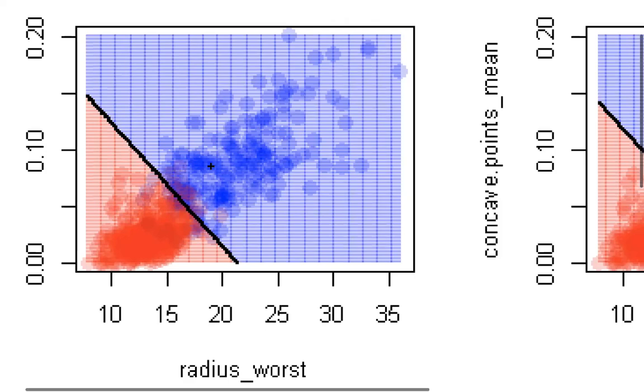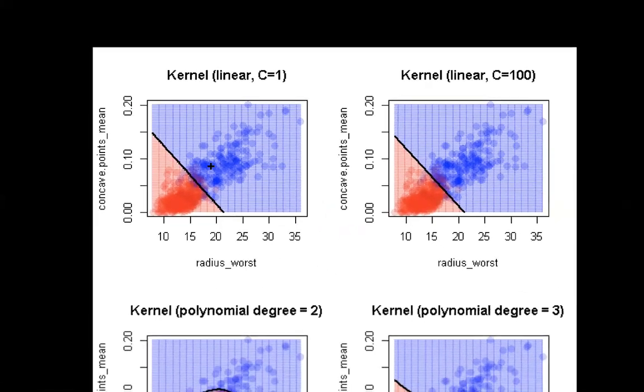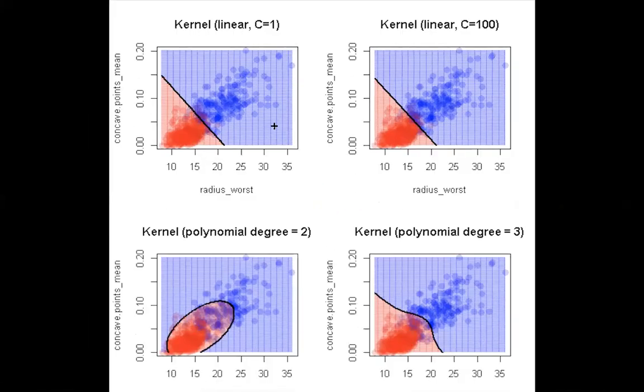You can see the results. You have the linear kernel with C equals 1, and then C equals 100. Not much difference.